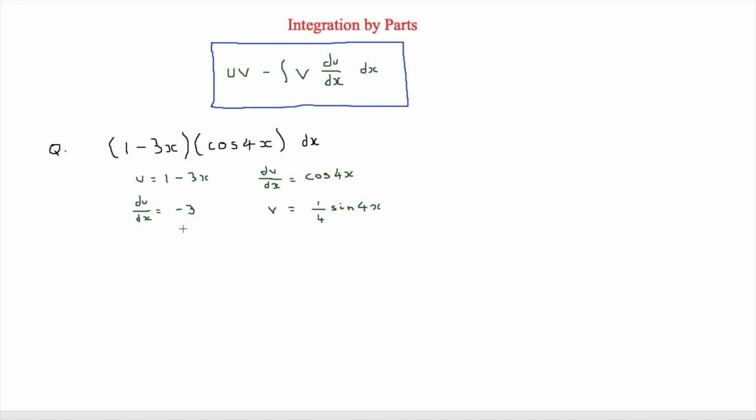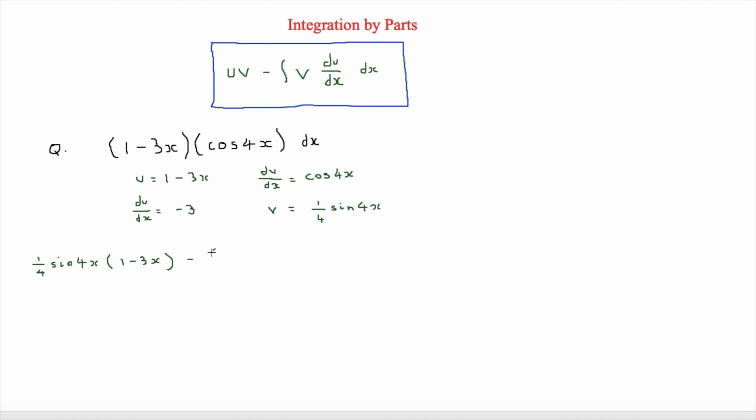So let's see, we have the uv, and that is going to be equal to a quarter sine 4x, and then we will put here 1 minus 3x.